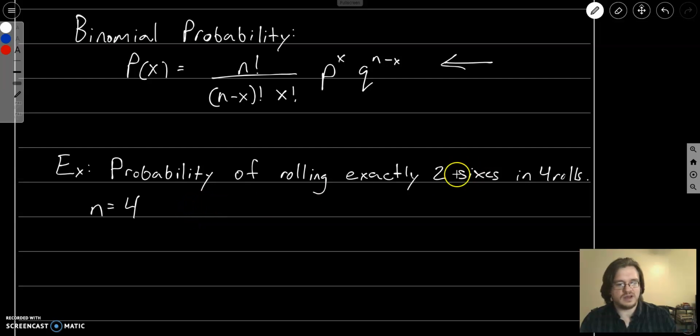And our 6s, this is what we're counting. So we'll call S getting a 6, and so a success is getting a 6, and a failure would be not getting a 6.